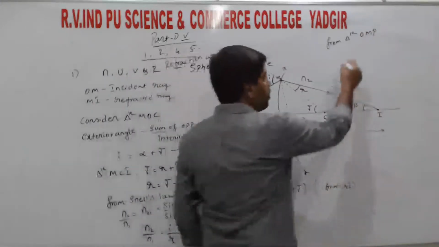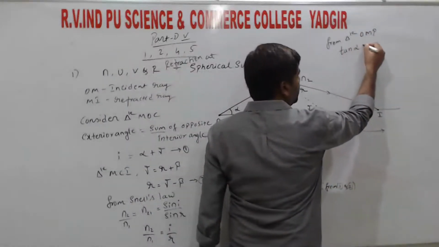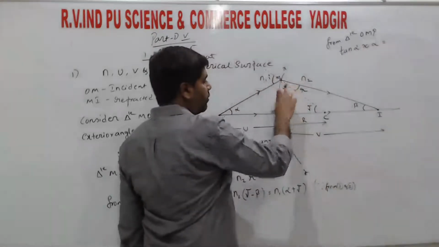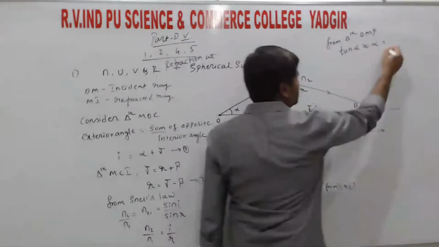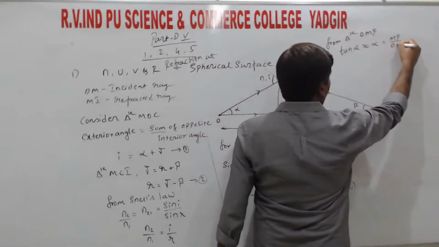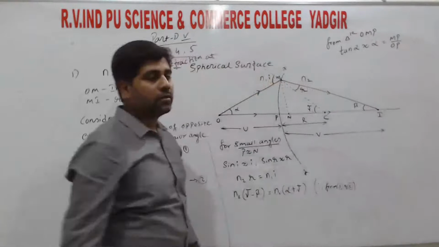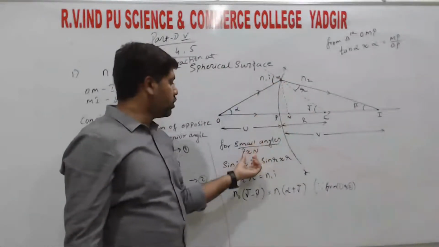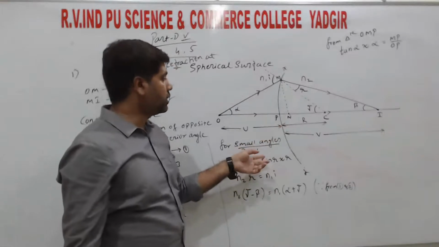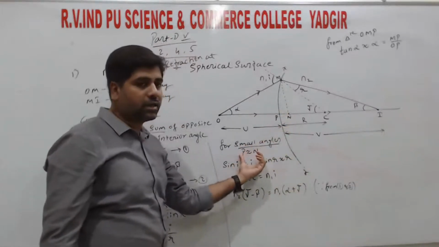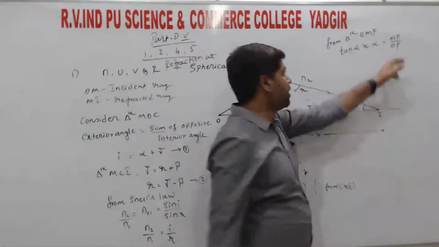Considering small angles, tan alpha is almost equal to alpha, which equals opposite side by adjacent side. The opposite side is MP and the adjacent side is OP, right? The curve and the straight line become the same because P equals N. Writing all the steps again would take longer, so to reduce them, we can write this directly.